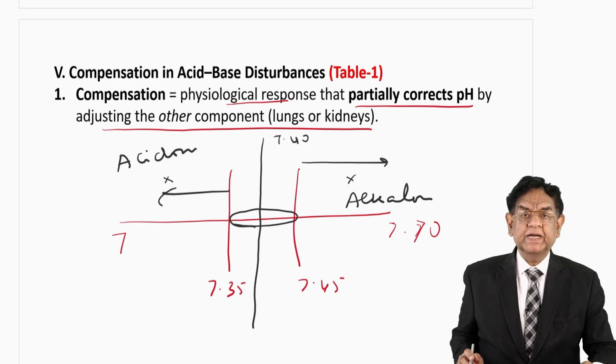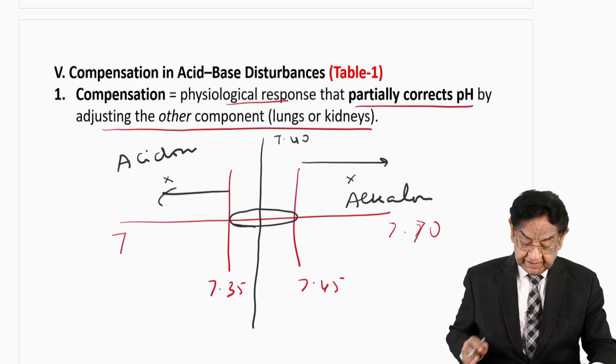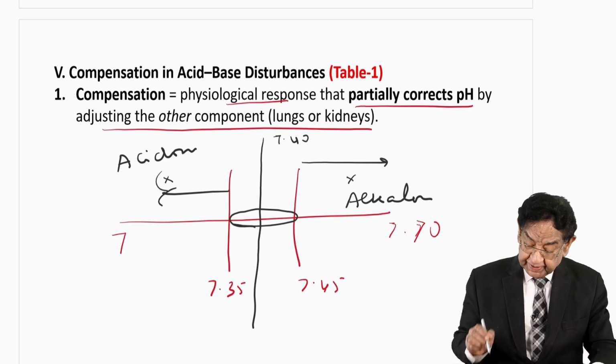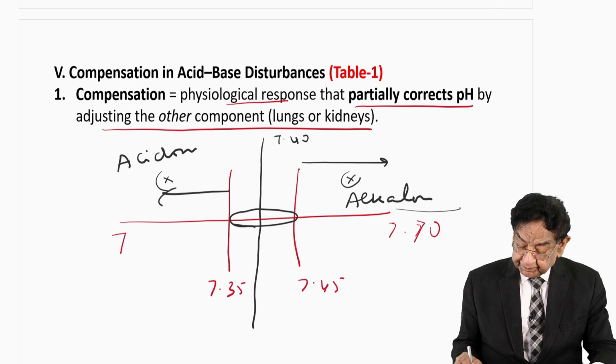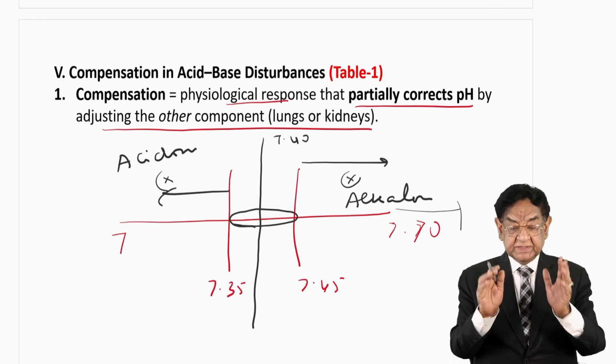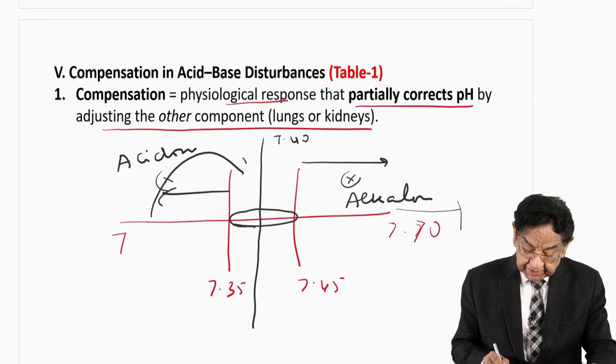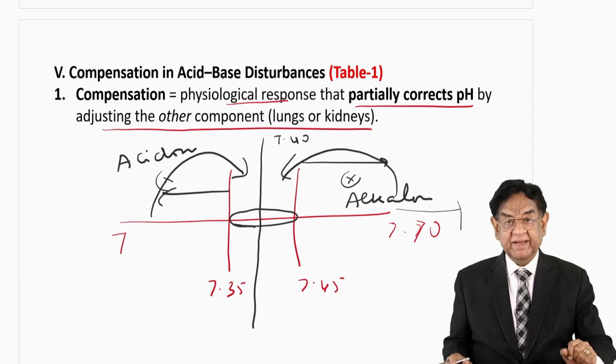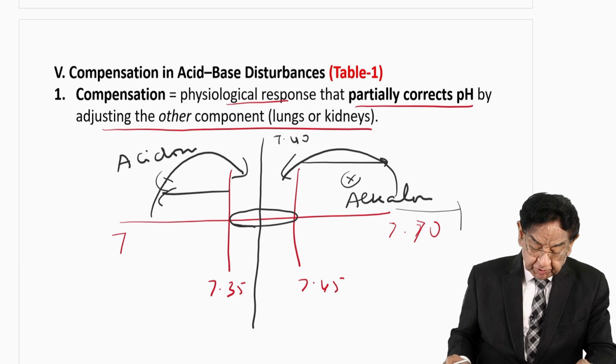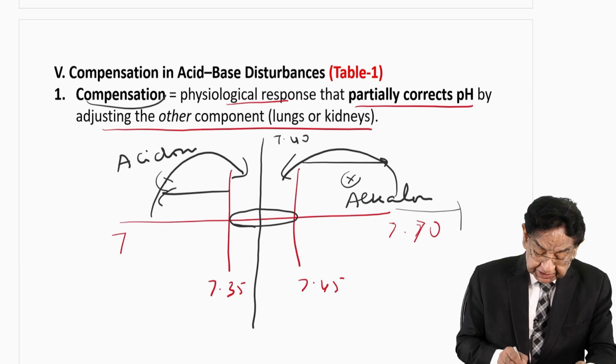I told you there are different diseases which can bring pH this way or that way. And one more thing: when there is a disturbance, the body has a mechanism by which it can bring the pH back to normal or near normal level. And this process is known as compensation.